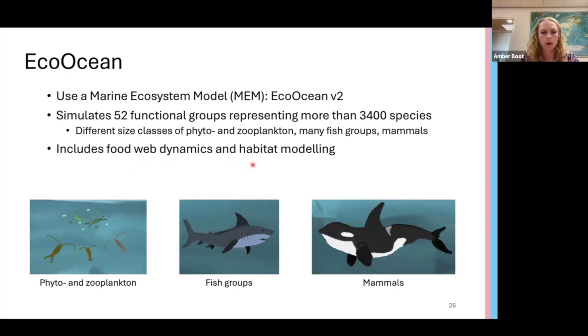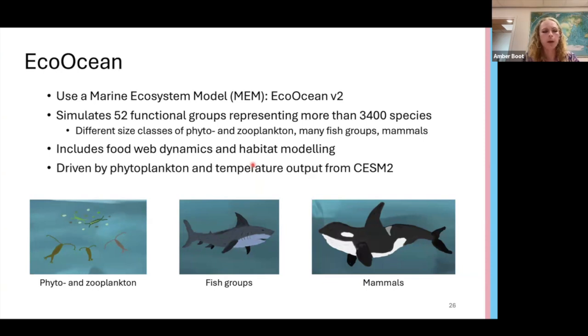And with that habitat modeling, basically for each grid cell, the model looks at what is the temperature, how many prey are there, how many predators are there, and it decides a little bit how suitable a certain grid cell is for a certain group. And we force this model offline by phytoplankton and temperature output from our Community Earth System Model 2 results. And then we can construct a figure like this.